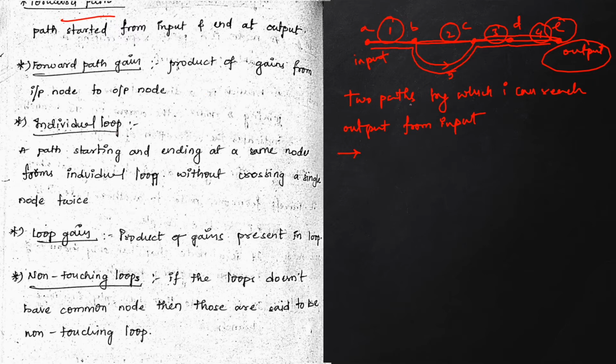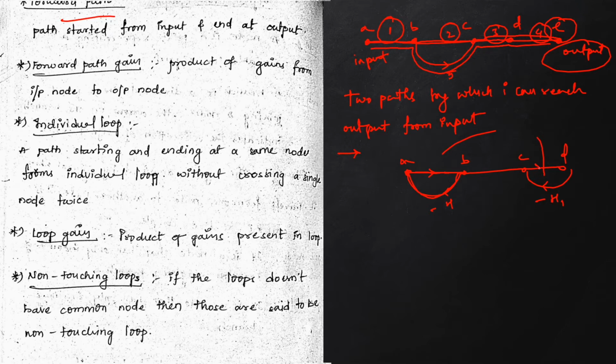And individual loop gain. Suppose this is the system we have, A, B, C, D, and here we have one feedback, and here another feedback. Let this be minus h, and this be minus h1. Here, this is one individual loop, because it starts here, moves like this, and ends at the place where it started.